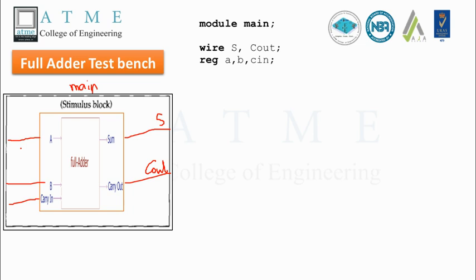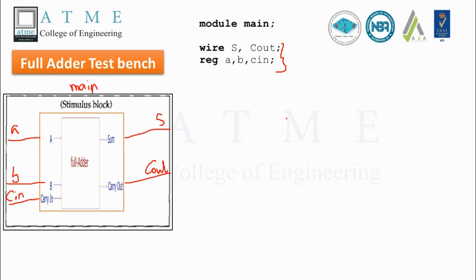So I declare a small a, small b, and small c in. These are all the variables declared as register type, which are intended to connect to the inputs A, B, and carry in of the full adder. Okay, this is a very important stage in the test bench writing process.